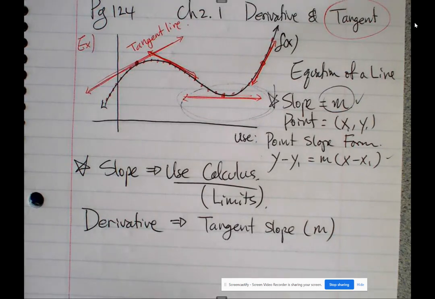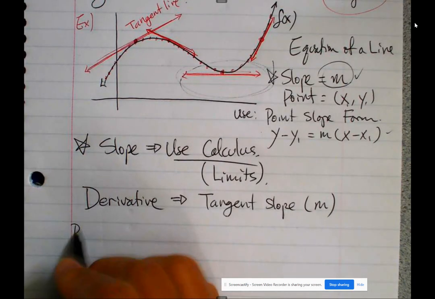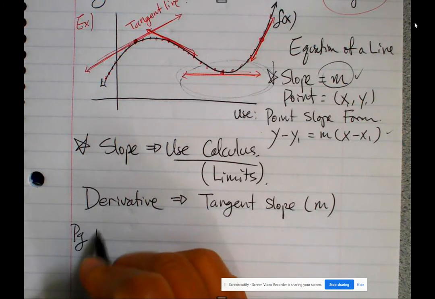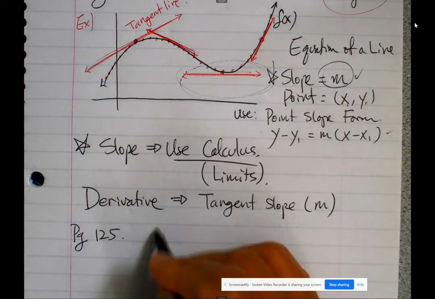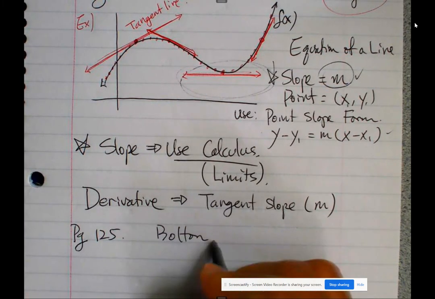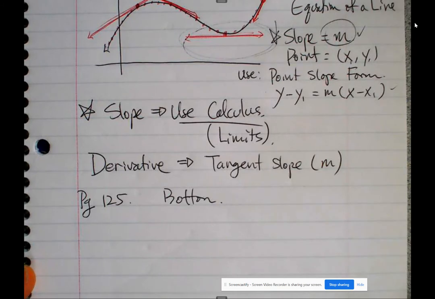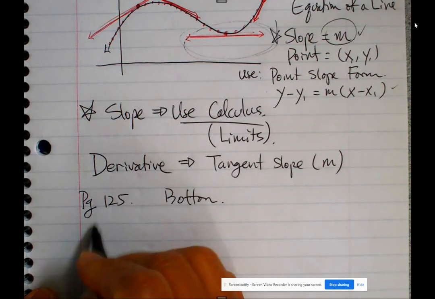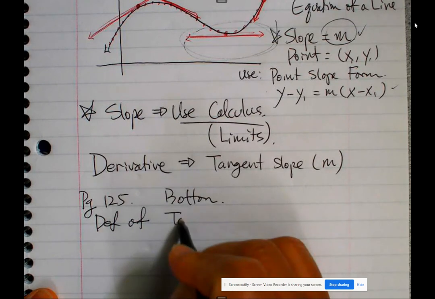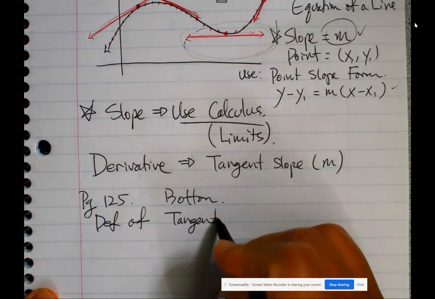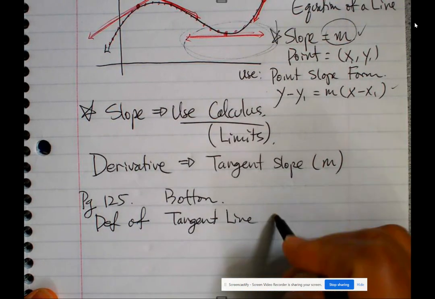So, on page 125, go to your page, at the bottom, we have a definition of a tangent line.